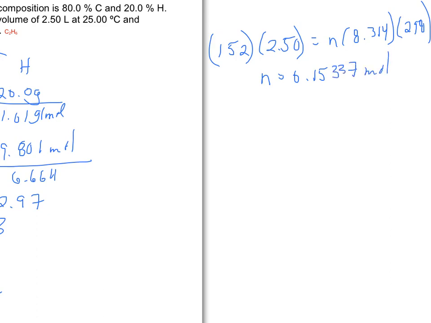It also tells me in the question that I've got a 4.60 gram sample. I can use mass equals moles times molar mass in order to figure out the molar mass of this unknown gas.